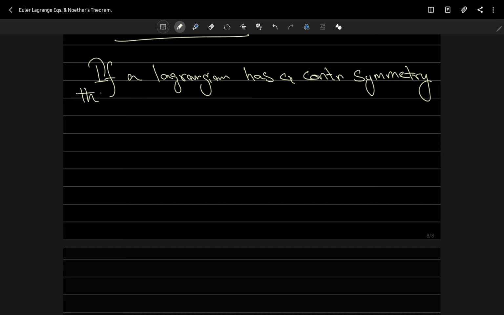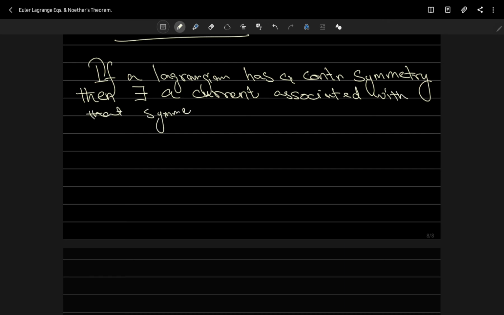Then there exists a current that is associated with that symmetry. So with that symmetry, and this current that is associated with this symmetry is conserved, right?